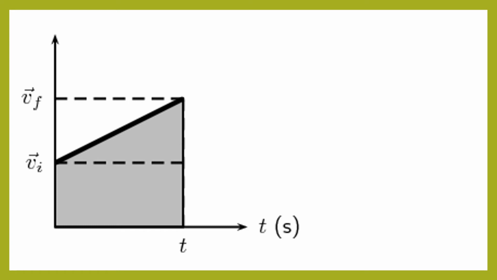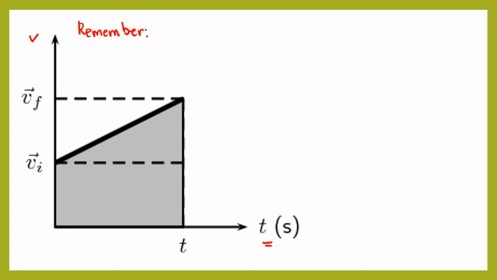This time, we are going to derive the second equation of motion given a motion graph. In this case, the kind of motion graph that we have is a velocity versus time graph. Remember, when we have a velocity time graph, the area under it is displacement.